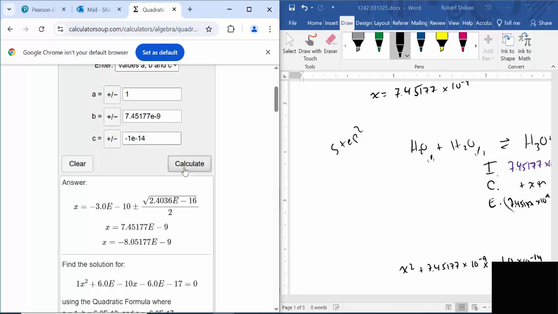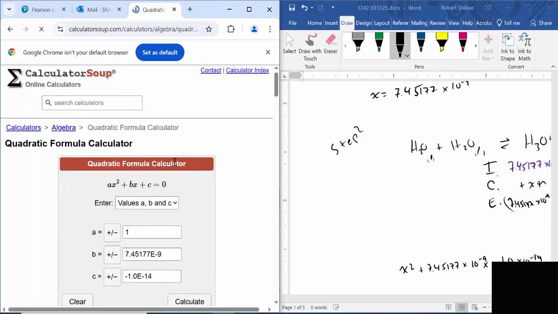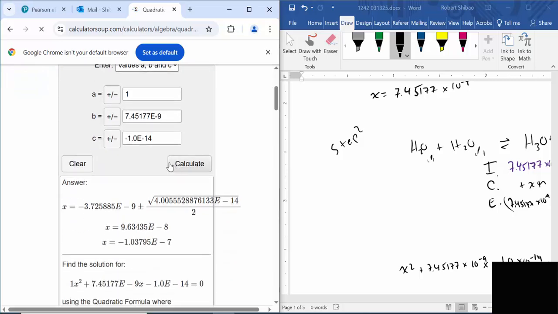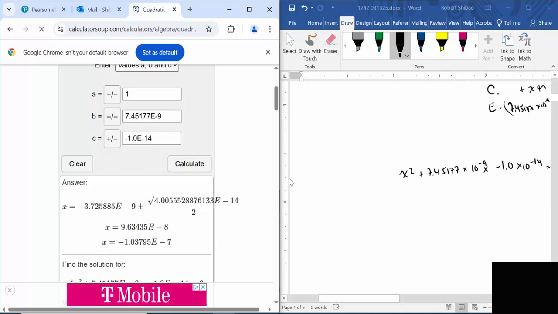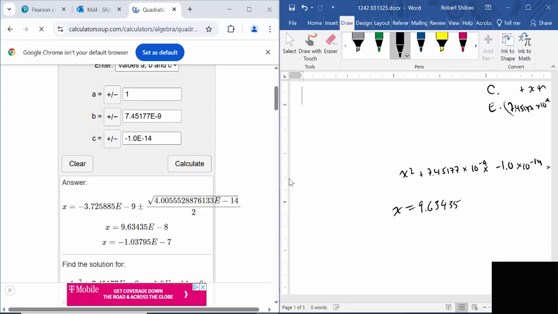Then calculate that. All right, so we get an x equals 9.63435 times 10 to the minus 8.